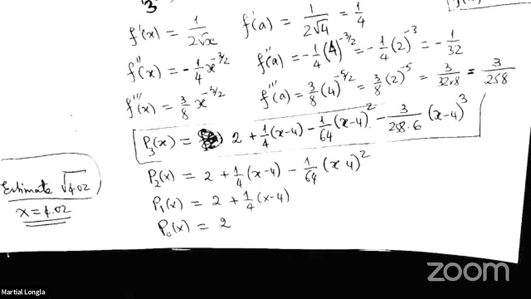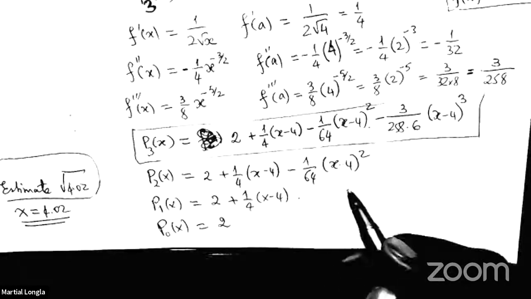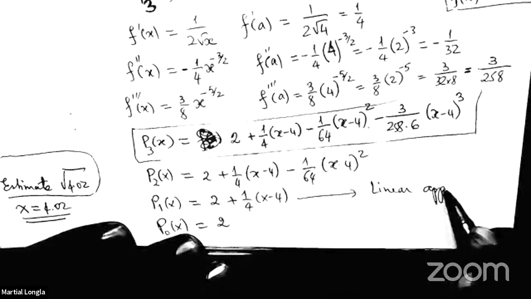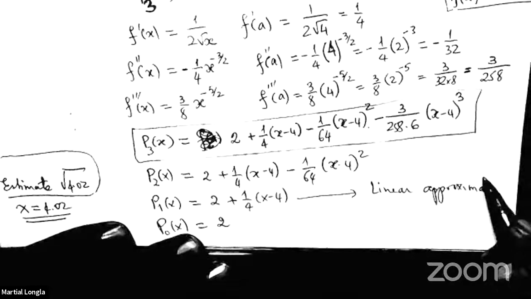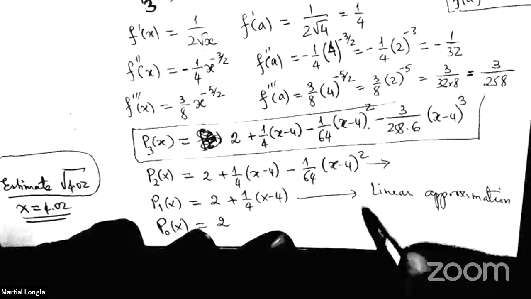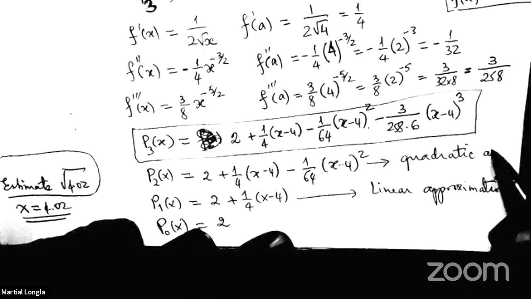If we say find the linear approximation, please listen carefully at this point. If we ask you to find a linear approximation, that means we need P1. When we ask for P1, we ask for linear approximation. So this is called linear approximation. And this is quadratic approximation.